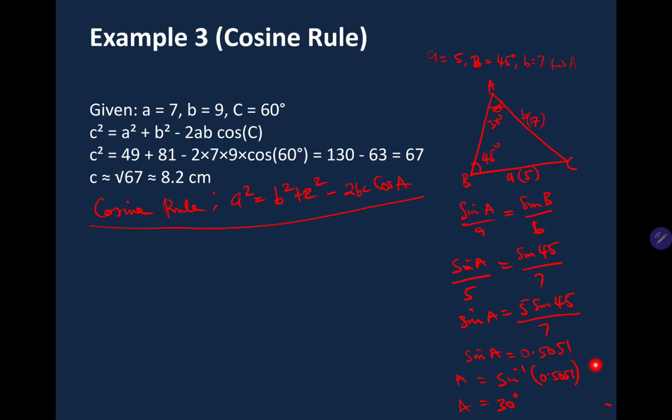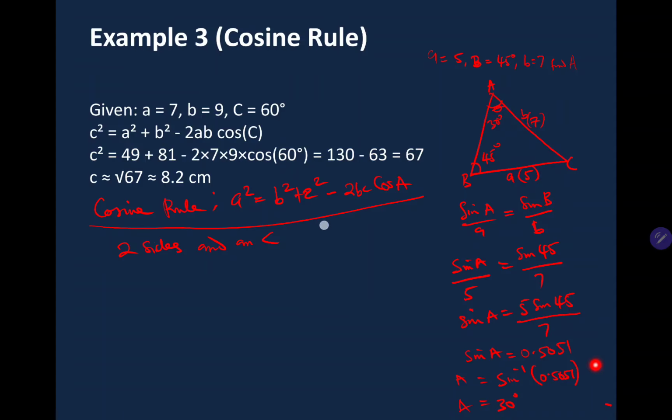If number one, you have two sides and an included angle, or you have all three sides of the triangle.